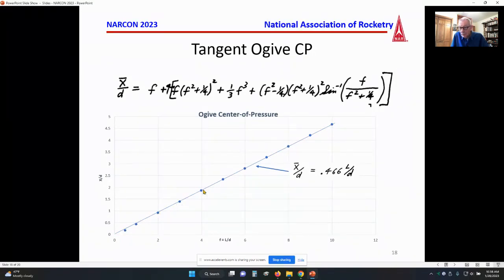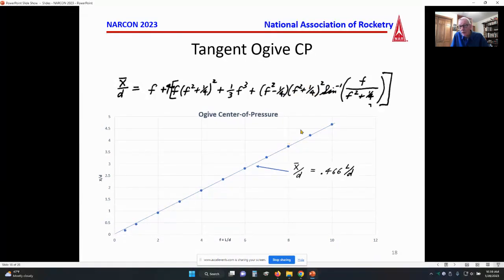But up here, for ogives pretty much as far as you want to go, you can use this ogive constant. So to me, that was a really lucky break, and I sure didn't see it coming. I just wanted to share the fact that we are all lucky that we do have a way to calculate ogive center of pressures without having to use this monster up top.